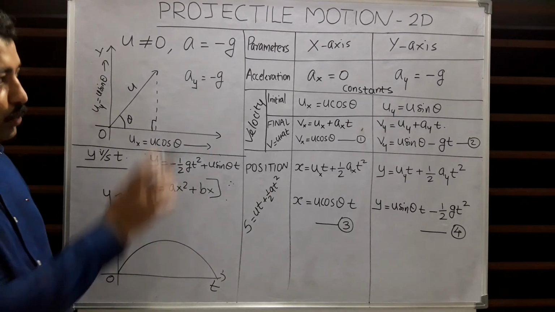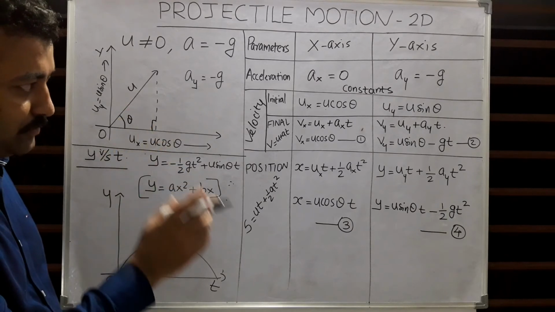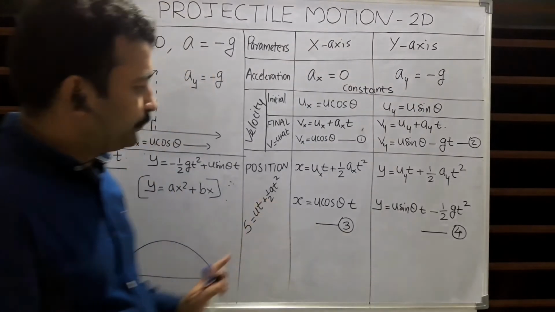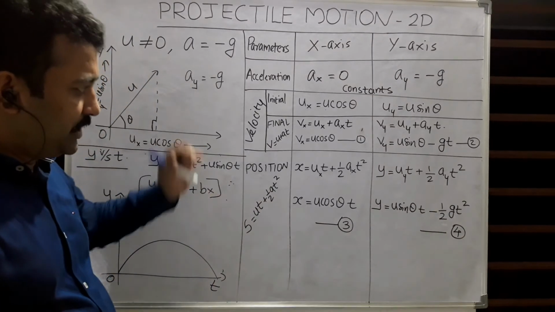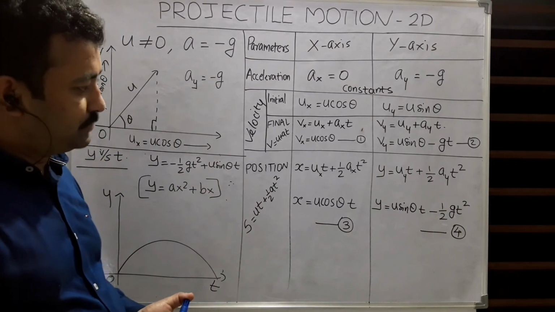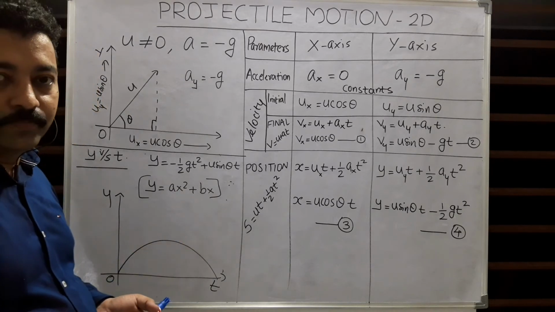So we have seen the variation of x, the variation of v, and the variation of y. If you have got this kind of a table, we can say that the study of projectile will become very simple. Now we are going to analyze more parameters from this.